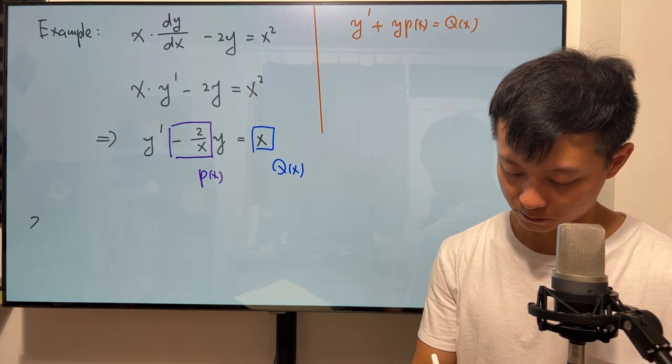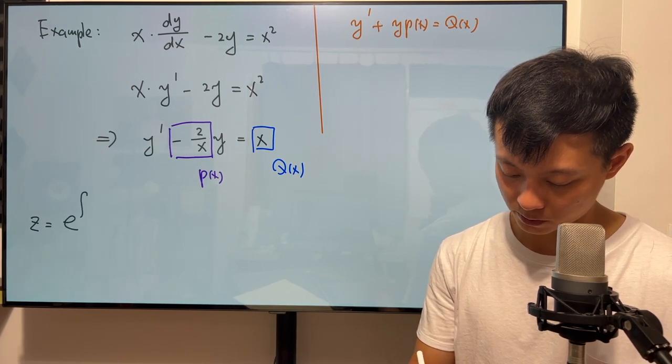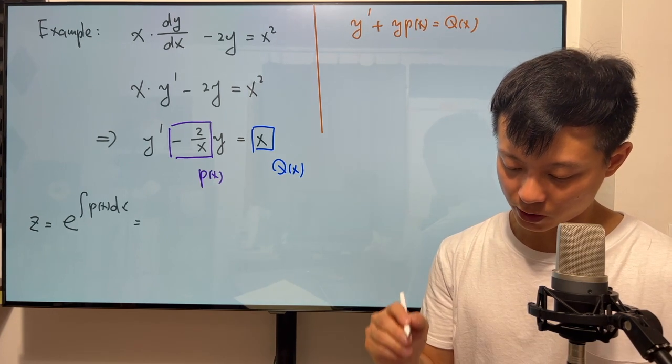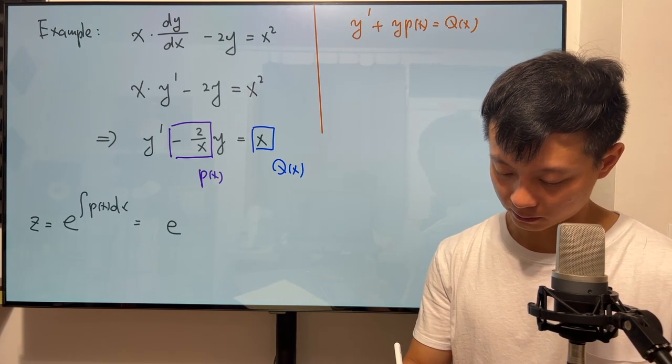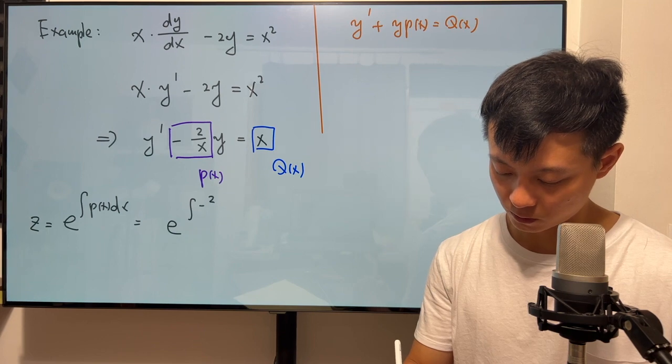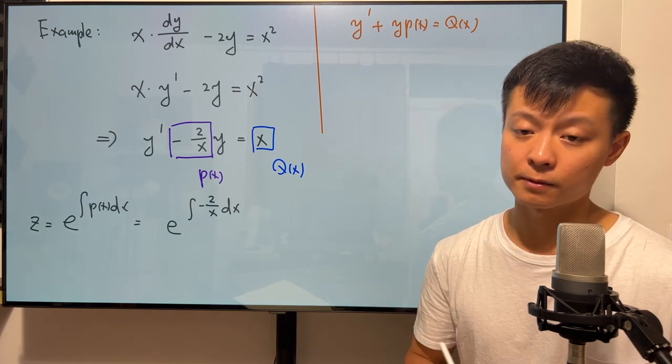Integrating factor. Z is going to be equal to e raised to this power, integral of p of x dx, which is going to be negative 2 over x dx.